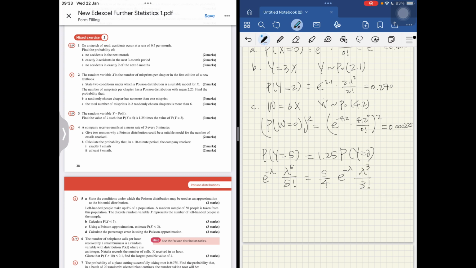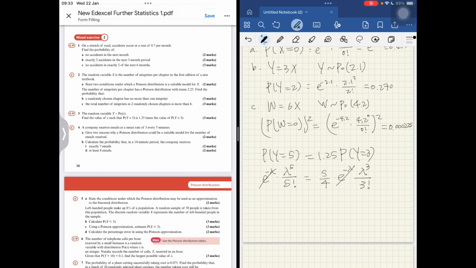In this case, it's better to cancel out e to the power of negative lambda, and it's very reasonable to do that because e to the power of negative lambda cannot be 0. We can cancel out when we are assured that it is not 0.